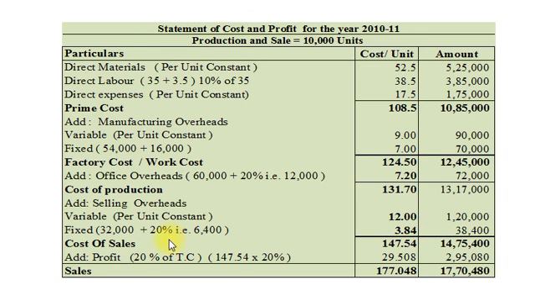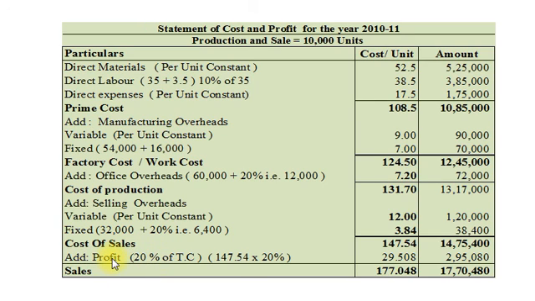So we get cost of sale or total cost rupees 147.54 and total amount rupees 14,75,400.